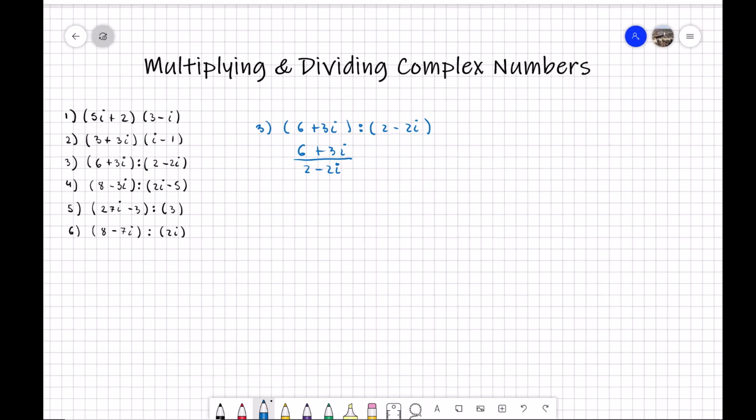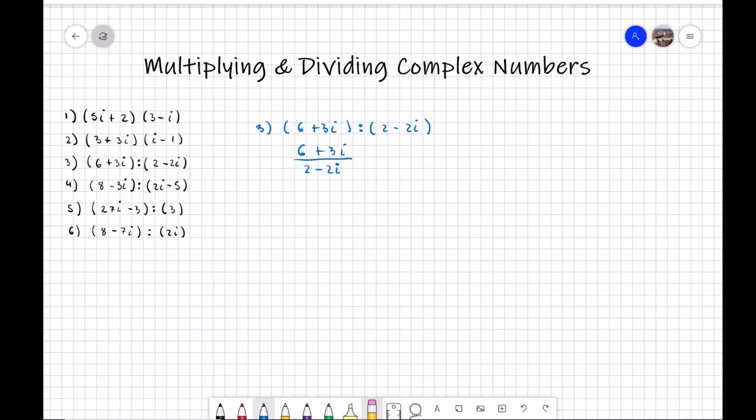Now the trick here is that when we're dealing with fractions, we don't want to have roots in the bottom, right? Just like if we had 2 over a square root of 7, we cannot have roots at the bottom, so we have to look for a way to move this root up, right? So again, here we have to do the same thing. We cannot have the i at the bottom because i is a root, right?